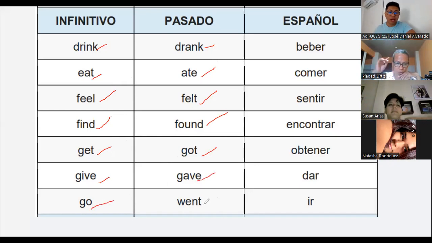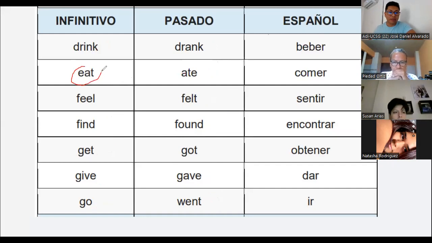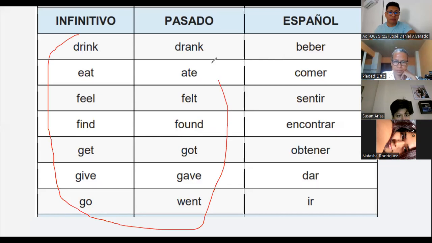Go, went. Ok. Eat, ya sabemos que es comer. El pasado se pronuncia ate. Se pronuncia igual que el número 8. ¿Cómo pronuncian el 8? Ate. Y así mismo se pronuncia esta palabra. Ate. Okay. So, Susan, can you please read the infinitive and also the simple past of these verbs?